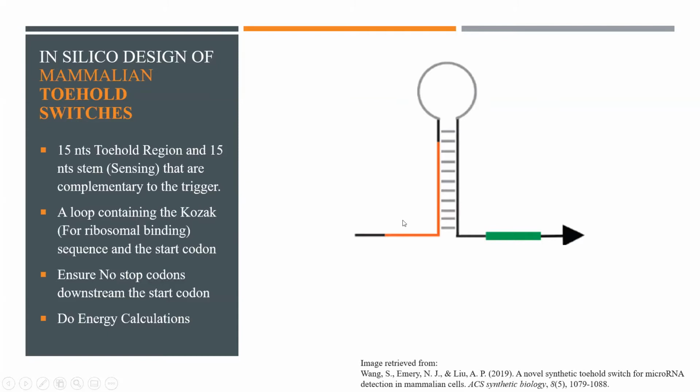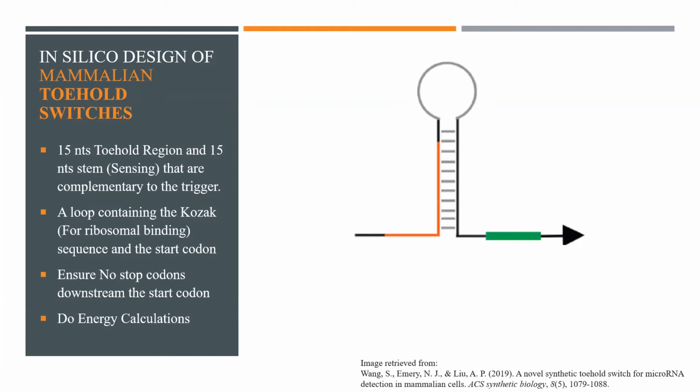You then perform some energy calculations to check the stability of the toehold riboswitch. We utilize NUPACK software, which you feed a sequence of RNA and it gives you the free energy calculations of it. Then you perform free energy calculations with the sequence and the triggers to predict if they can bind efficiently in vitro.